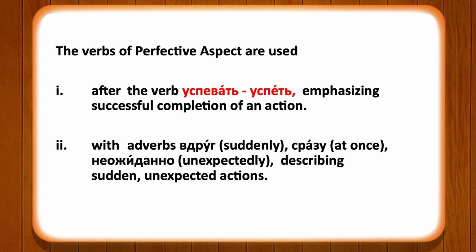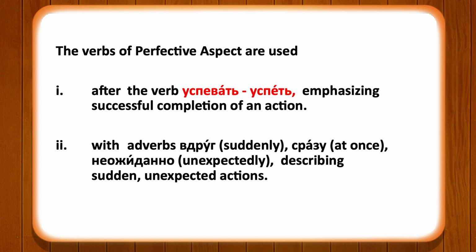The perfective aspect of the verb may also be used with adverbs like вдруг, сразу, неожиданно, describing sudden, unexpected actions. Вдруг means suddenly, сразу means at once, неожиданно is unexpectedly.